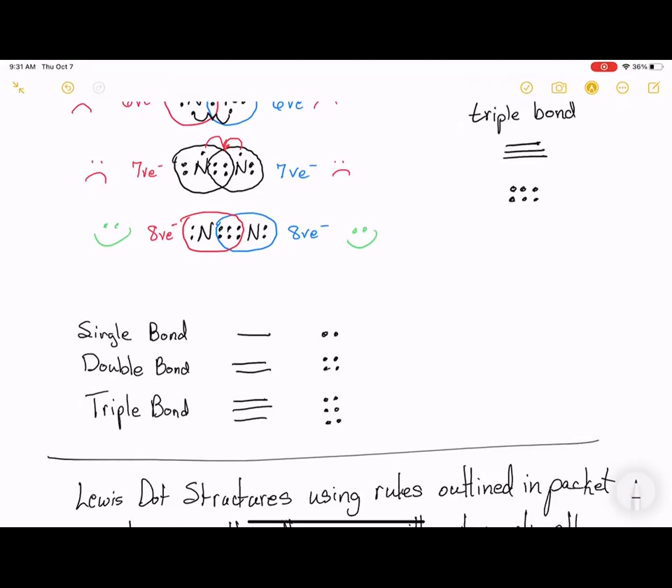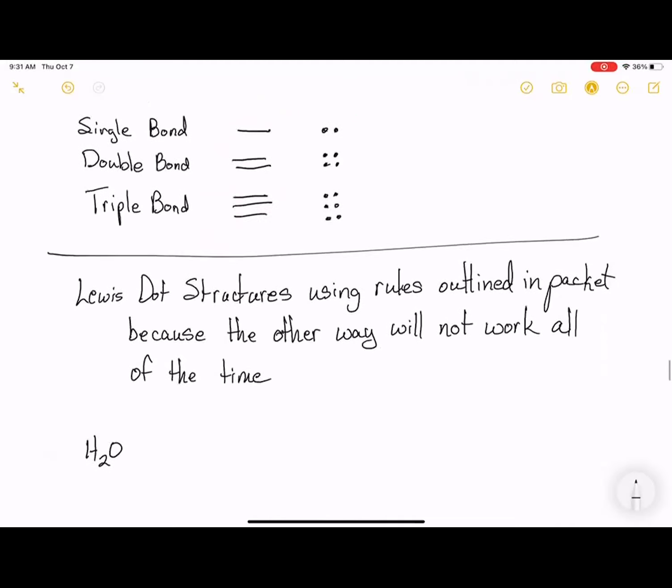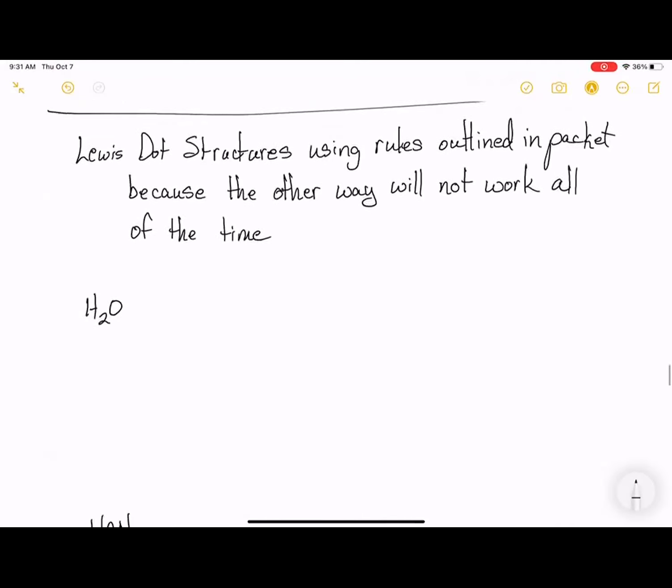It is for this reason that it is better to use the rules that are outlined in that packet that I passed out yesterday in class in order to develop your Lewis dot structure. So that is what we're going to do the rest of this time.